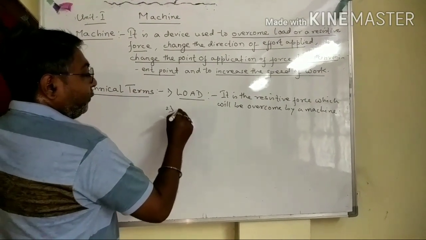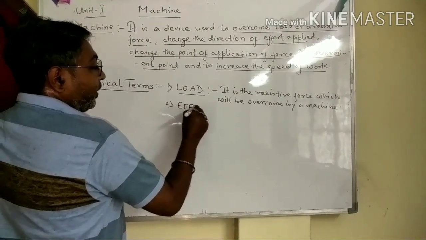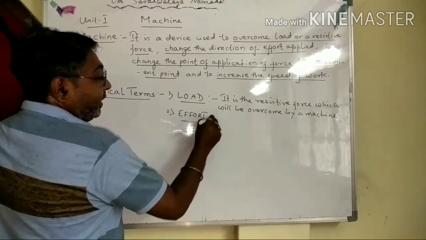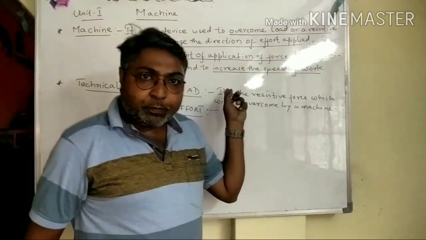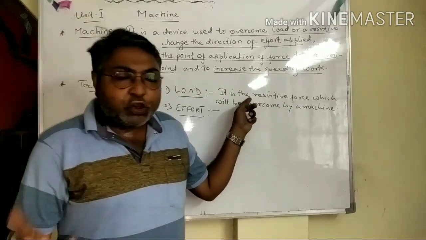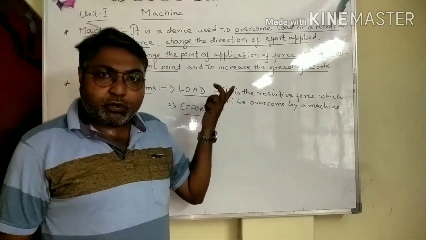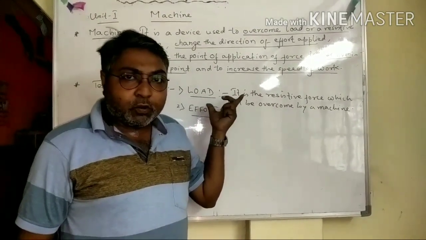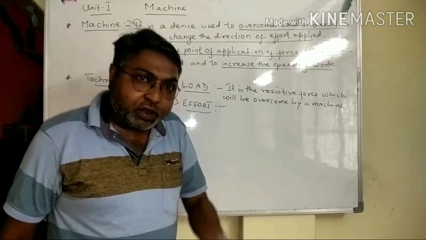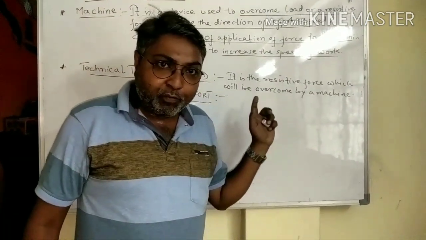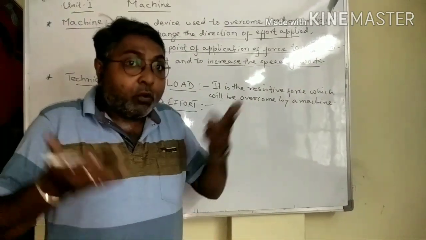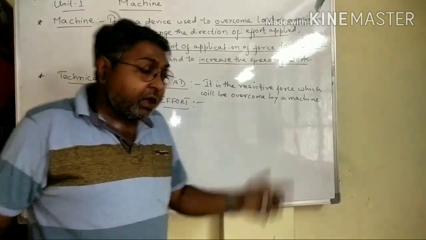Number 2, effort. As far as effort is concerned, in order to lift a load with the help of a machine, the machine itself will not lift the load or overcome the resistive force. You have to give some force onto the machine, then only the machine will do the work. What work? To lift the load or to overcome the resistive force.